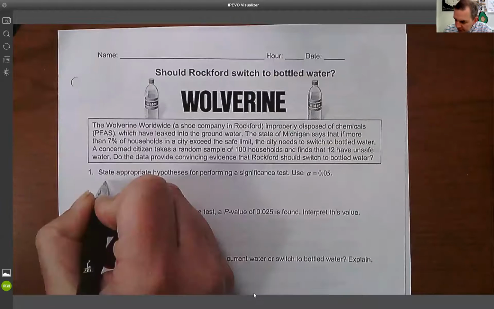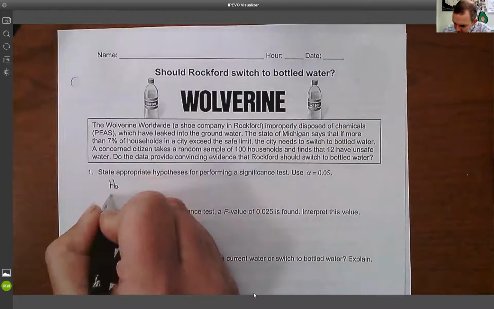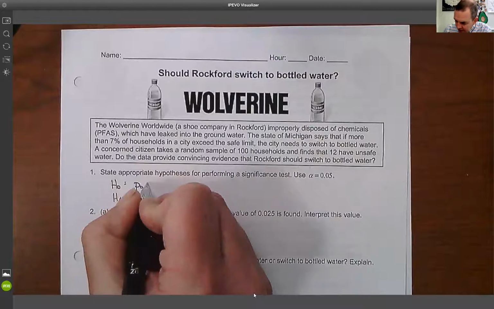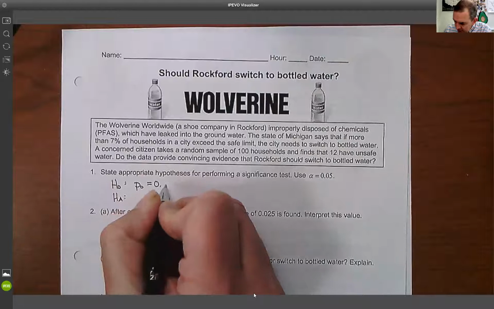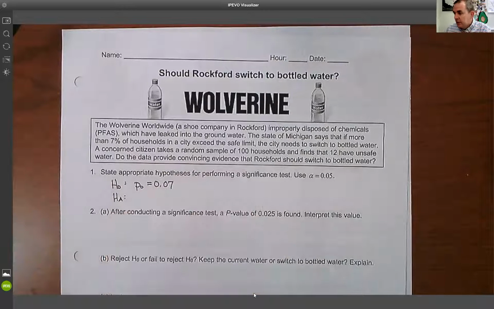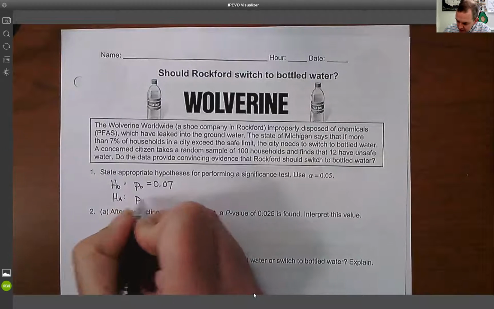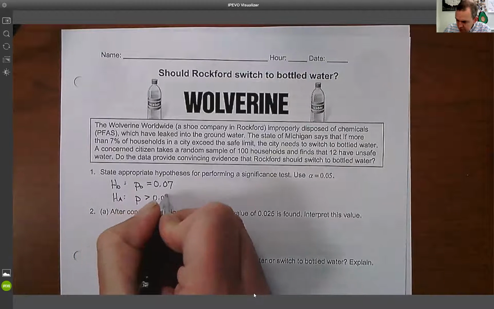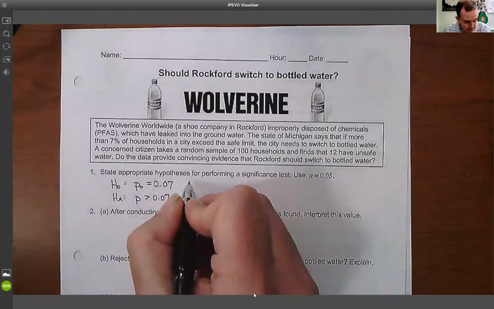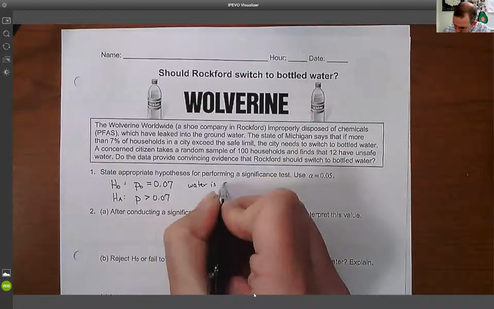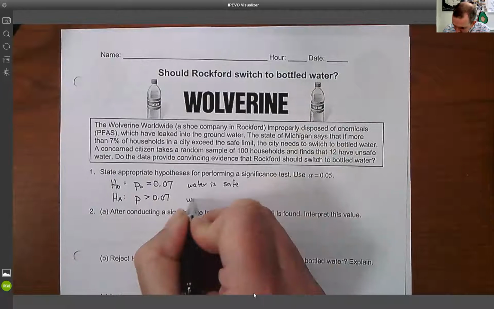So we're going to talk about the null. We're going to talk about the alternative. In this case, the null hypothesis is that our claim is in fact 7%, that we're not above it, and our alternative is that it exceeds it. So we're trying to prove that it's bad. So this is water is safe, and this is water is unsafe.